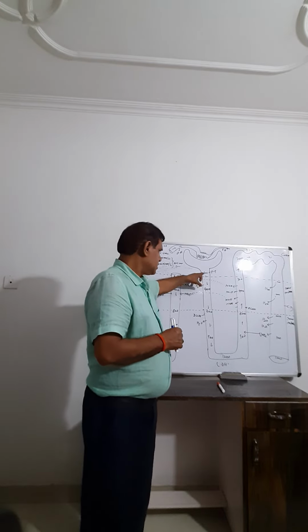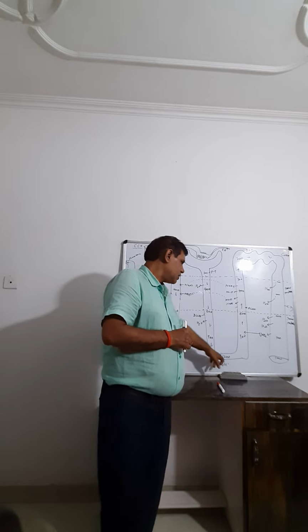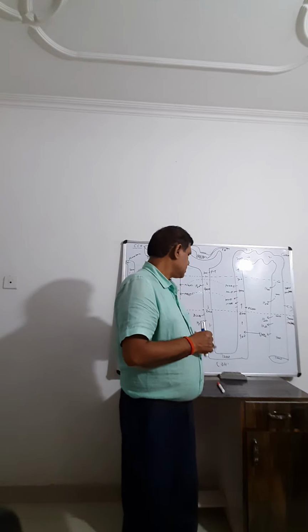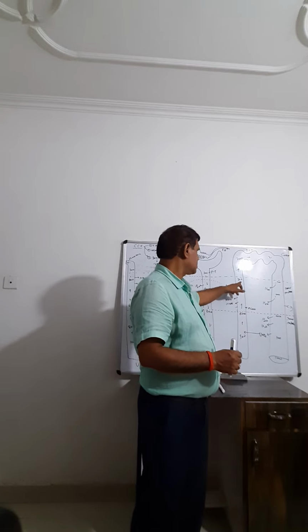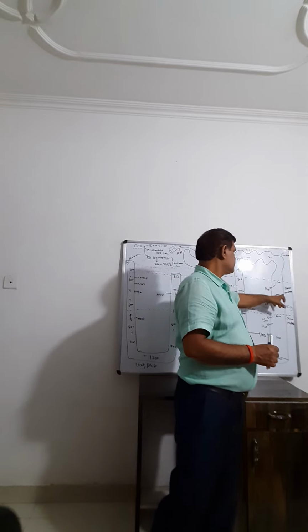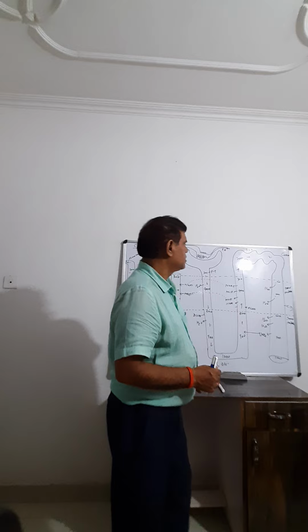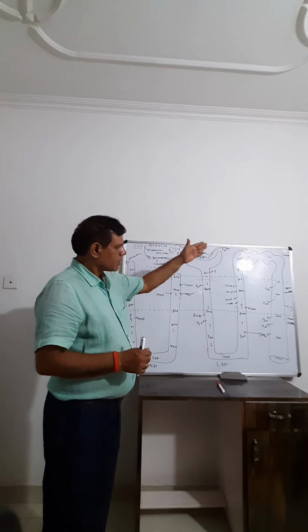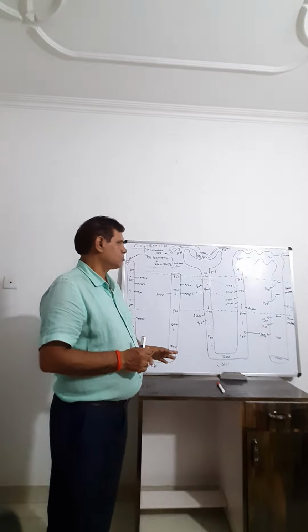So the initial 300 converts into 600, 900, 1200 in the descending limb. And in the ascending limb, 900, 600, 400, 300, 200. And in the DCT, 200, then 300, 400, 600, 900, 1200. These are the conversions of 300 milliosmol into 1200 milliosmol.